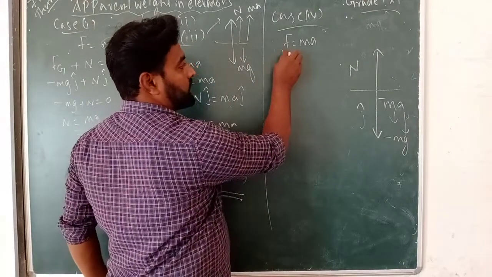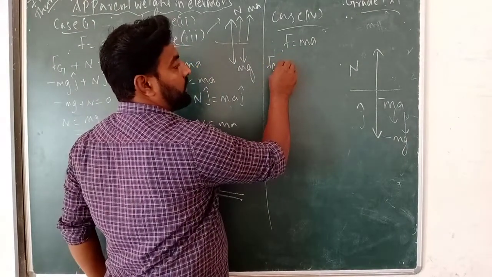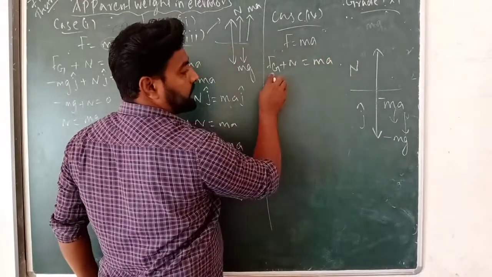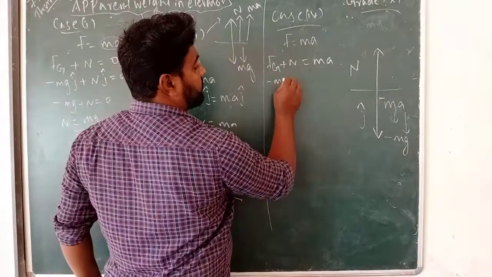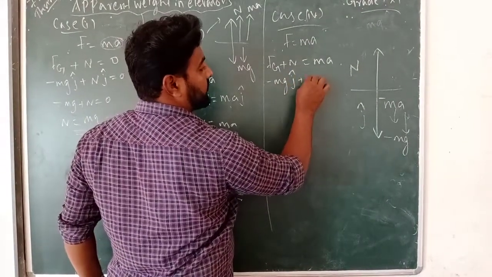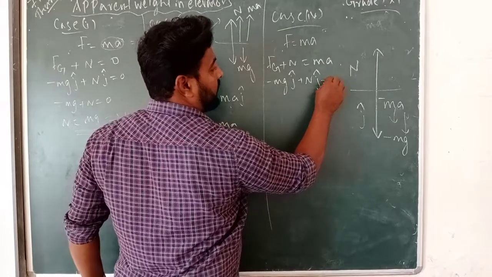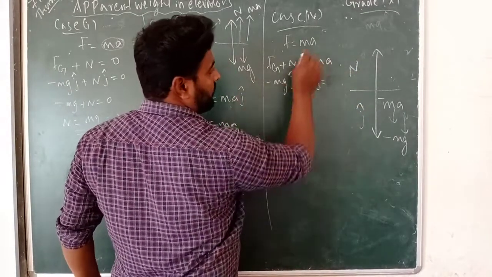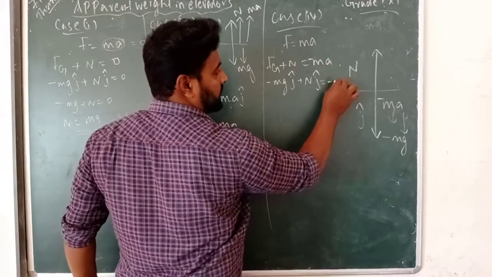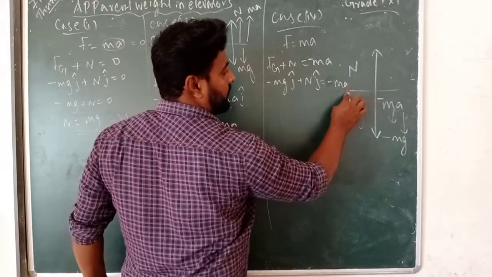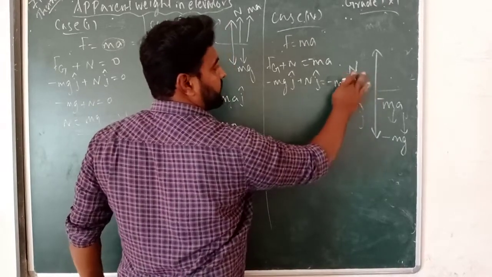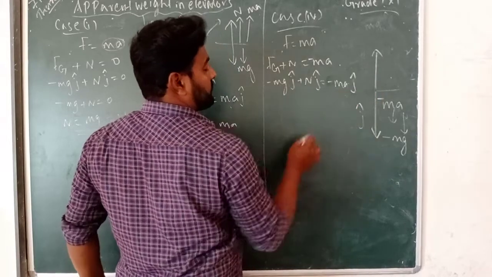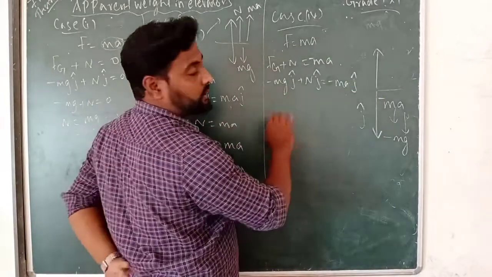To calculate, what is the total force? Fg plus N is equal to ma. Fg means minus mg j vector, plus N j vector, equal to minus ma j. Now comparing the components, remove this j.